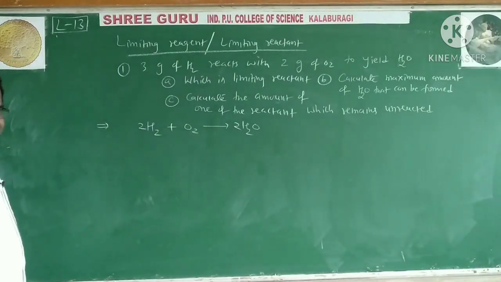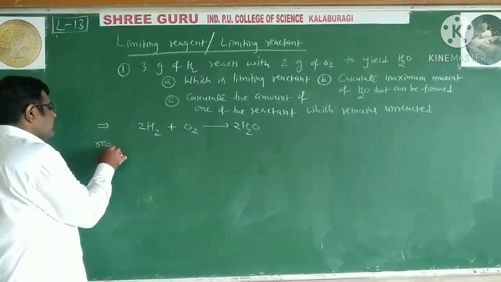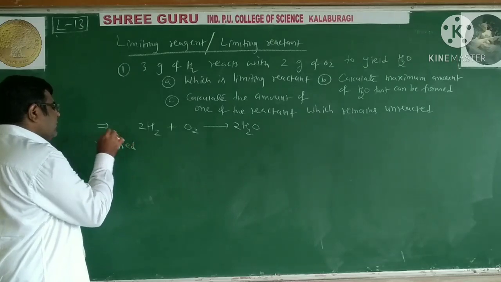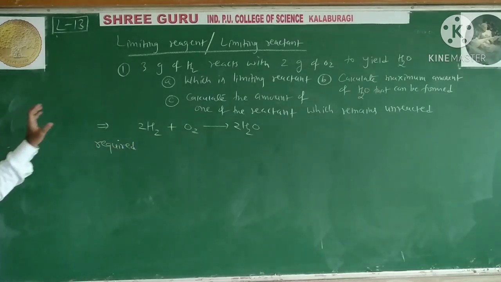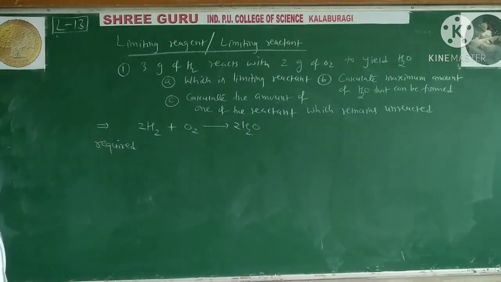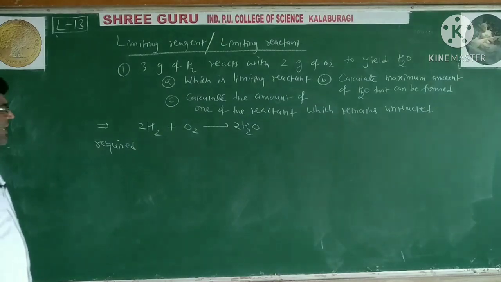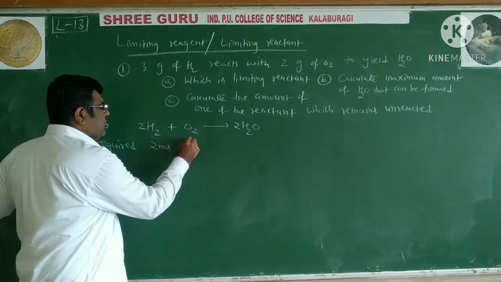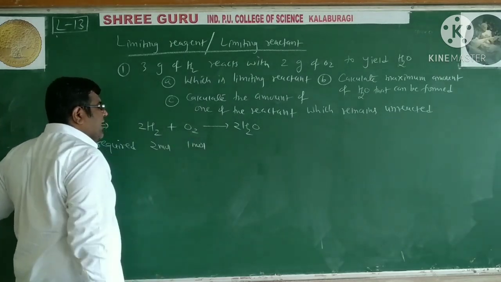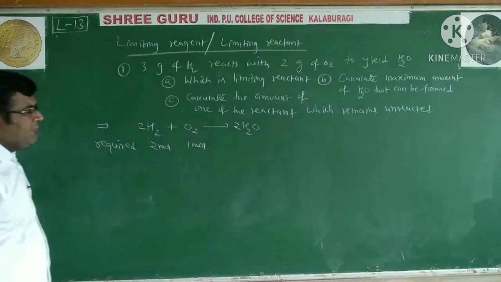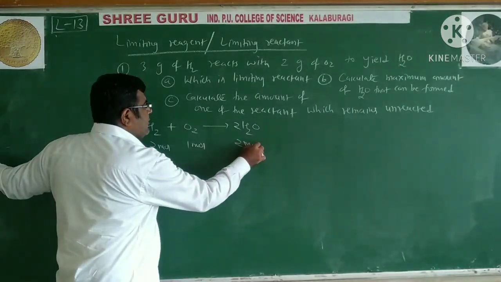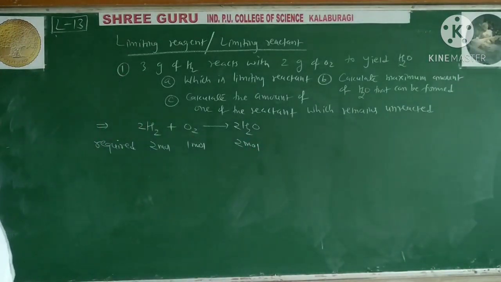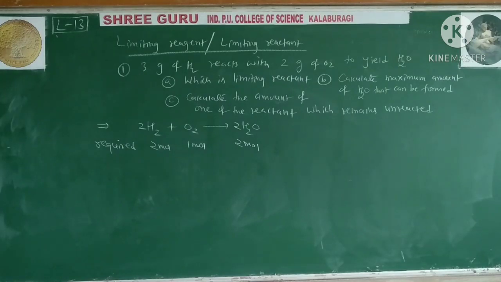Now we can write required, which means what the balanced chemical equation suggests. It suggests that 2 mole of hydrogen reacts with 1 mole of oxygen and forms 2 mole of H2O. So this is how the required number of moles are.